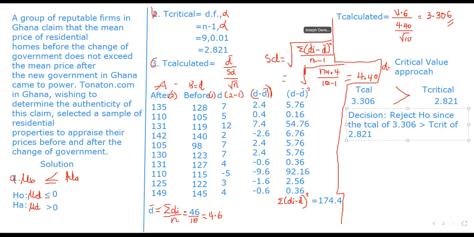And let me see the E. The E is saying what is the p-value? Decide with it. So we are moving on to the p-value approach. I told you to compare the p-value and alpha, right? And the p-value is the probability of the T calculated.